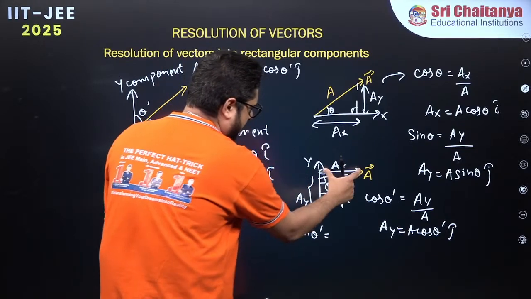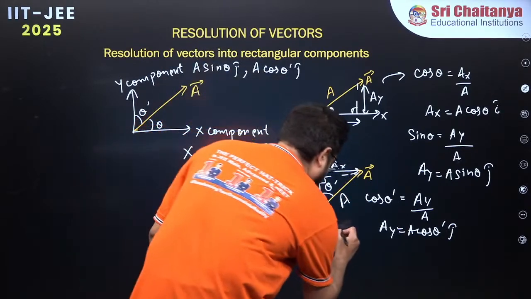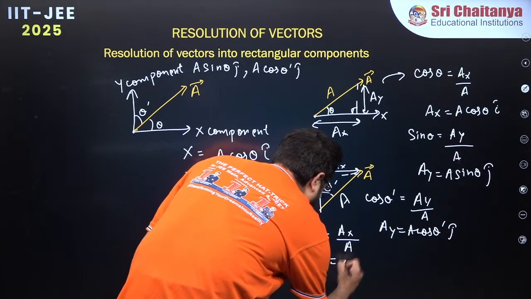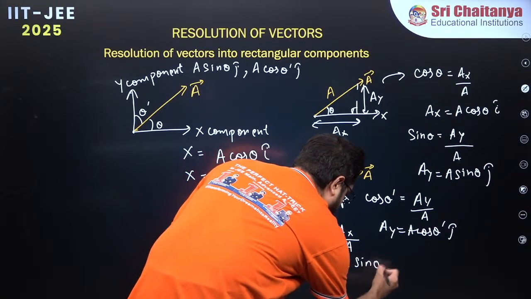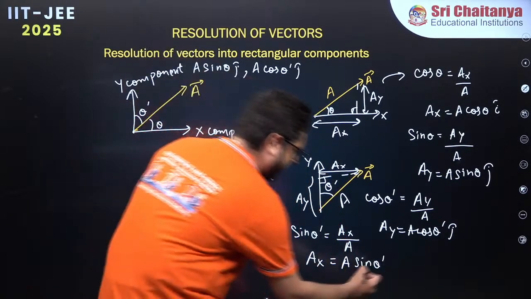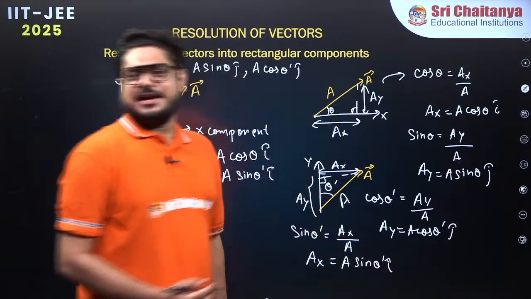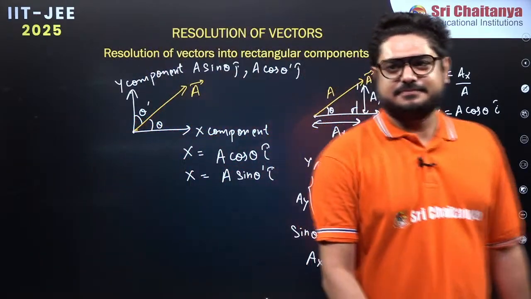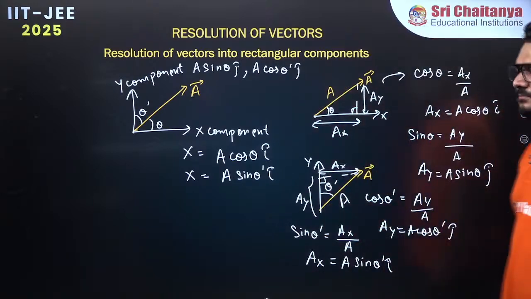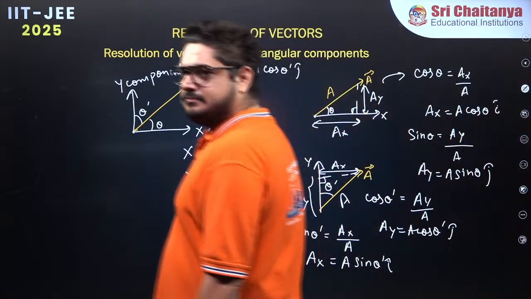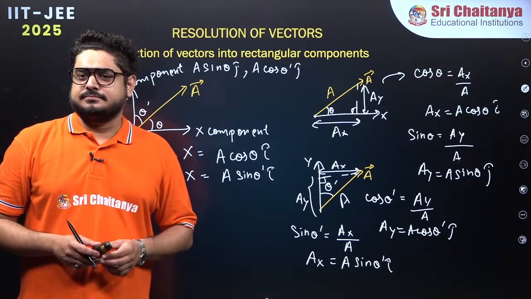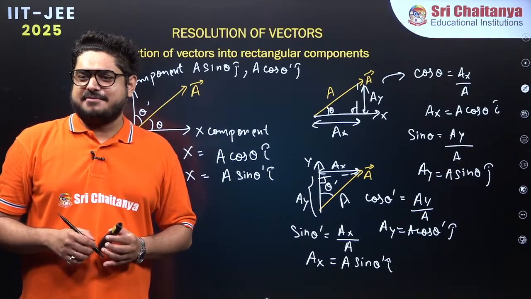Over here, the perpendicular of this right angle triangle is becoming ax, isn't it? So ax by a. So ax can be written as a sine of theta dash i cap. Now it's clear? Now is it clear, everyone? See this. I hope it's clear, everyone, this time.